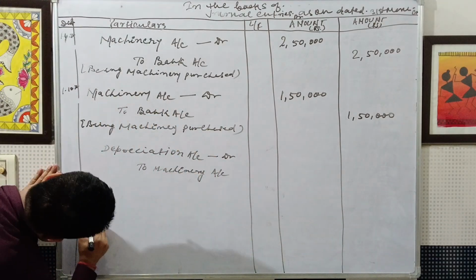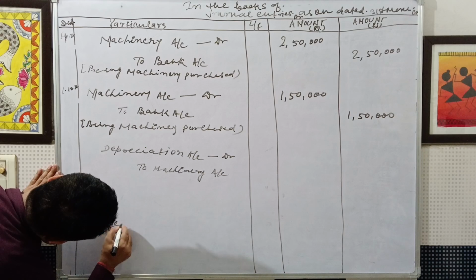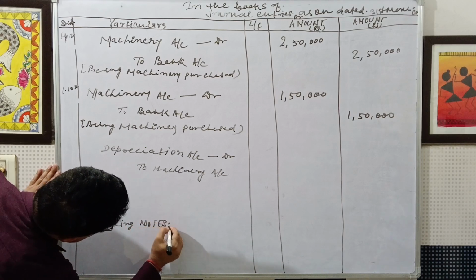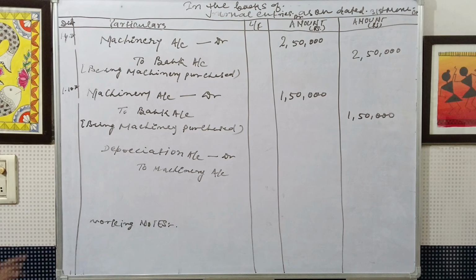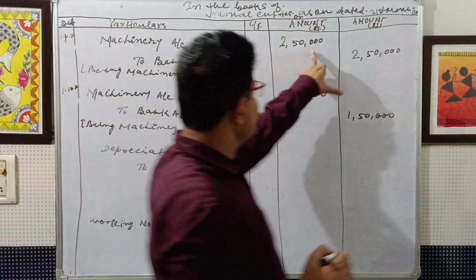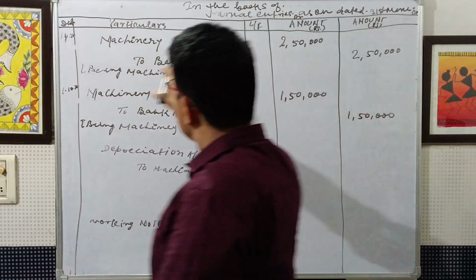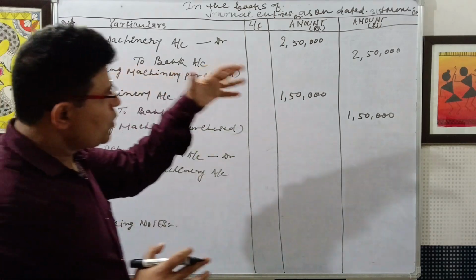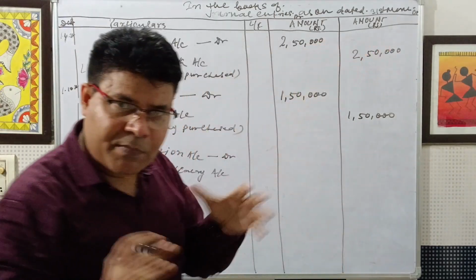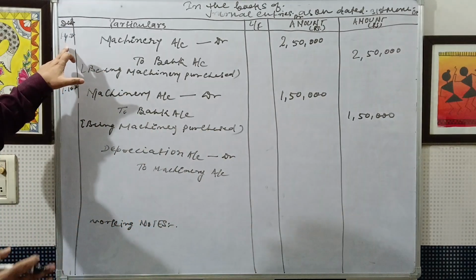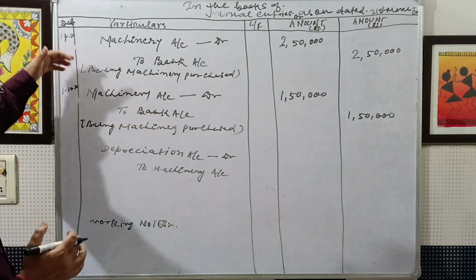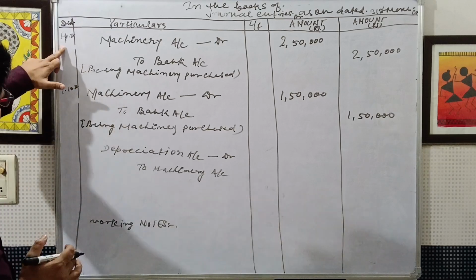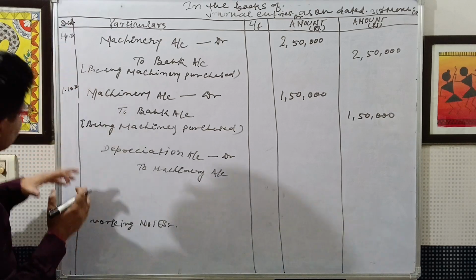The important thing is the working note. How to calculate? The first machine is 2,50,000, used for the whole year, from 1st April 22 to 31st March 23.